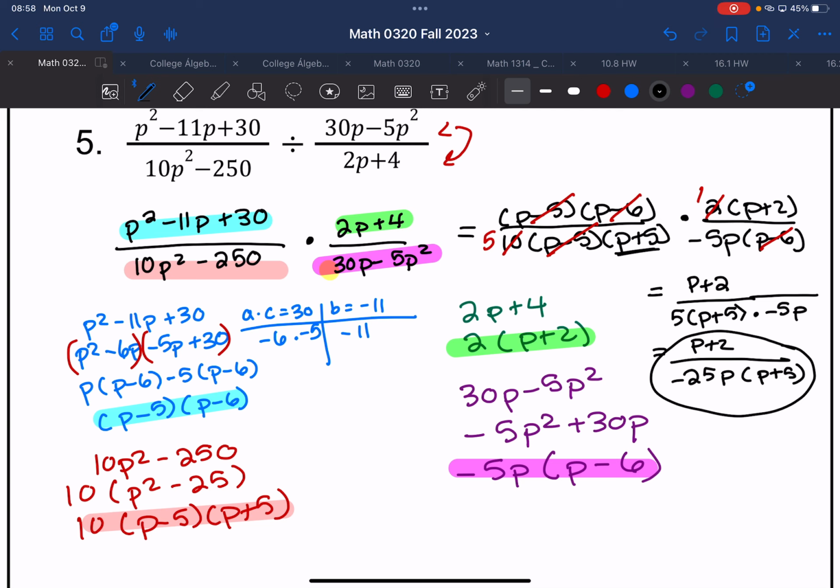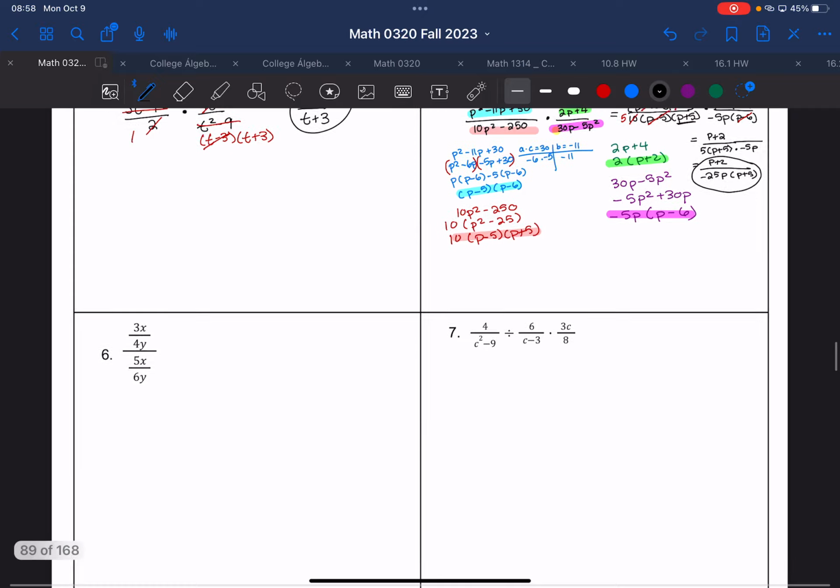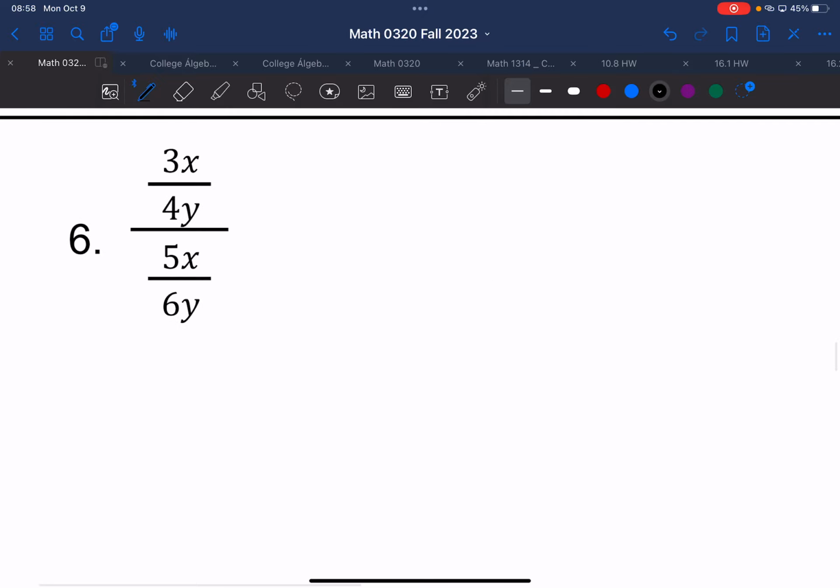This would be the longest type of problem for this concept, where each one is factorable. Any questions so far? Okay. Now let's look at number 6.